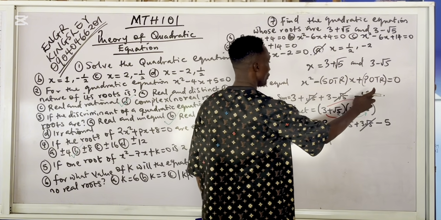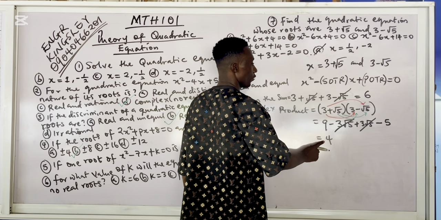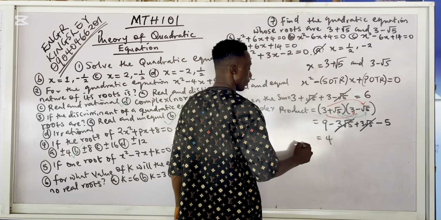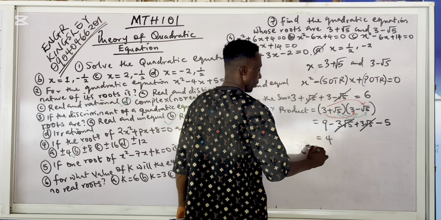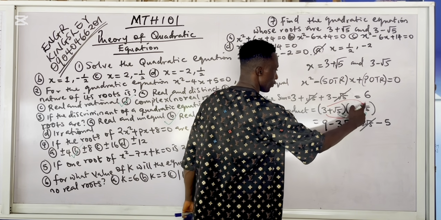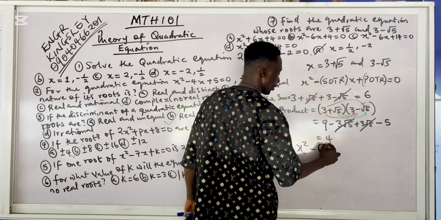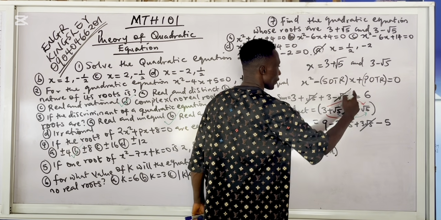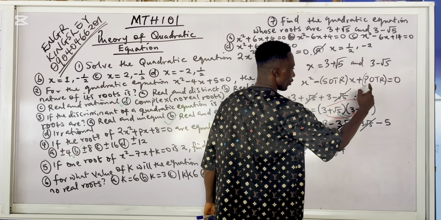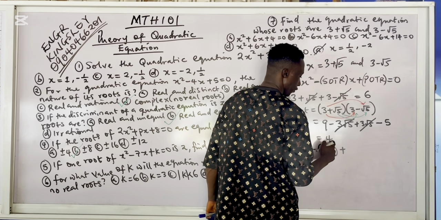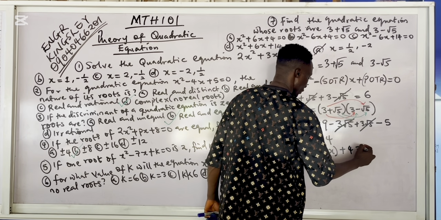So the sum of the roots is 6. The product of the roots is 4. So we now get the equation by having x squared minus the sum of the roots, which we got to be 6, 6 multiplied by x, plus the product of the roots, which we have to be 4, all equal to 0.